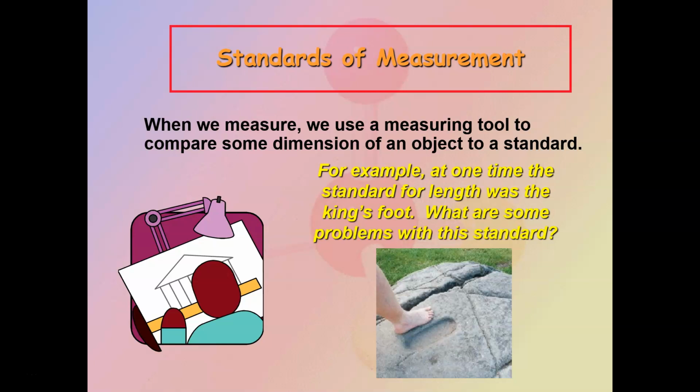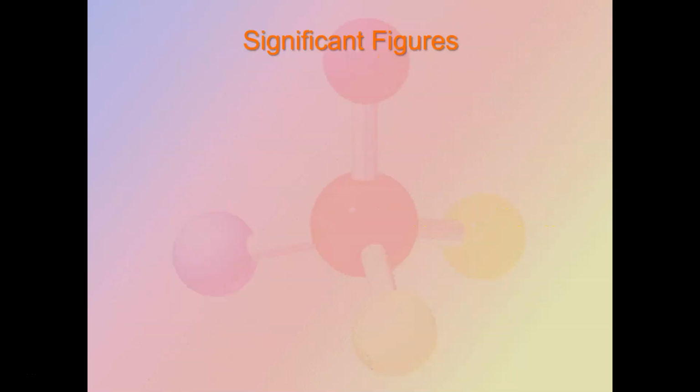Or when the king died and we got a new king, they probably didn't have the exact same size feet, so that meant a foot became a different measurement. This is a big problem because if someone hasn't heard that the king's feet grew, they might be using the wrong measurement. Obviously, that sounds super ridiculous, and it actually used to be done that way, but it's not anymore. Now we have standards that we use.